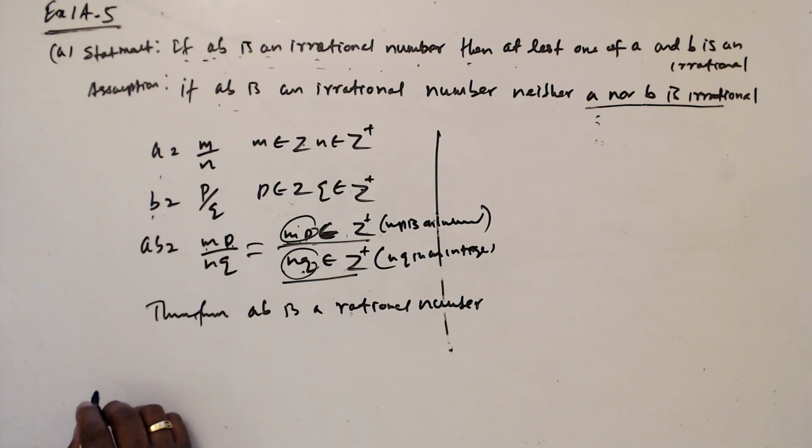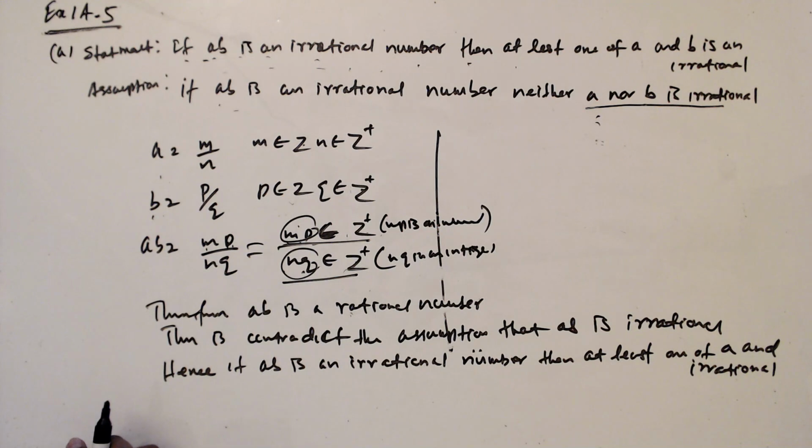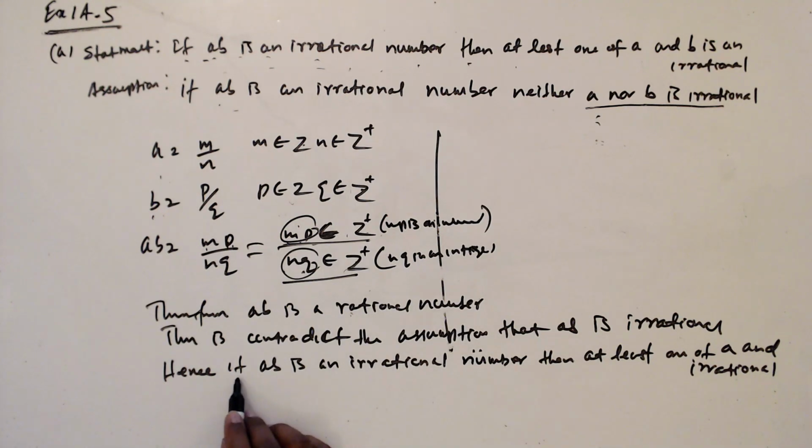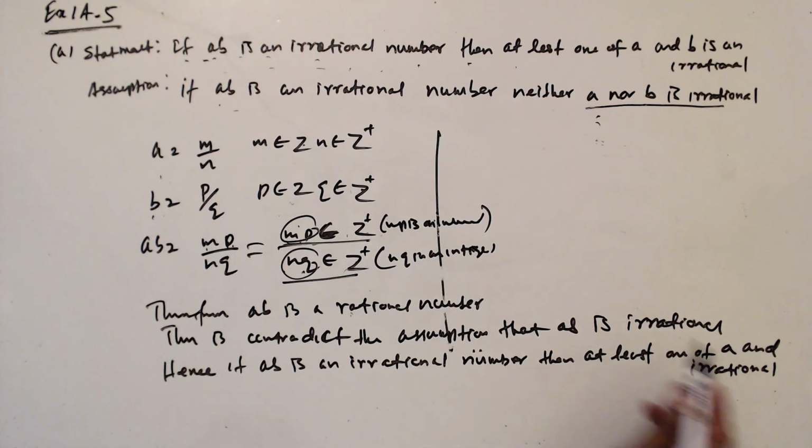This contradicts the assumption that AB is irrational. Hence, if AB is an irrational number, then at least one of A and B is irrational.